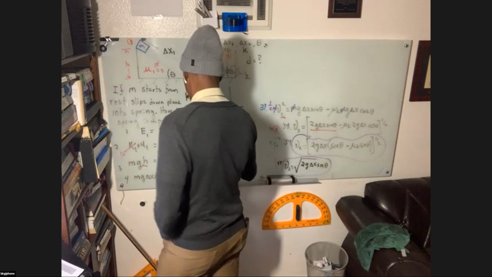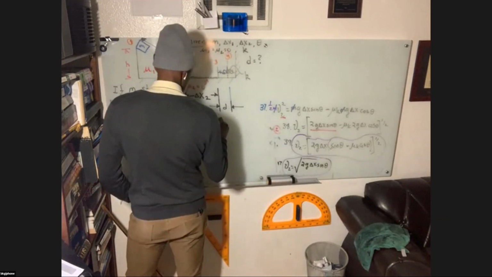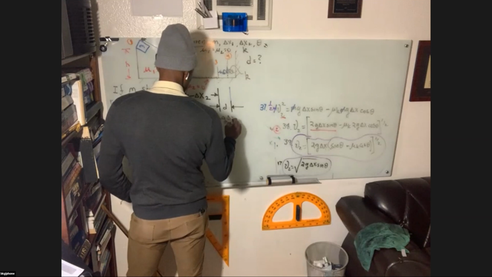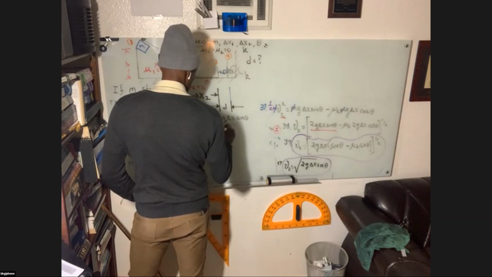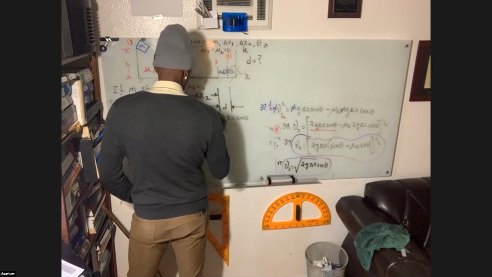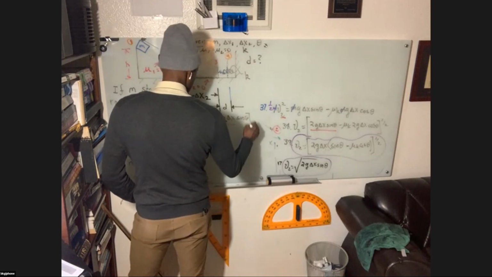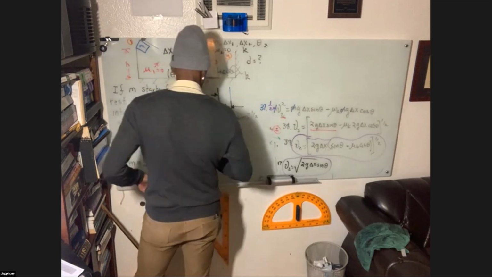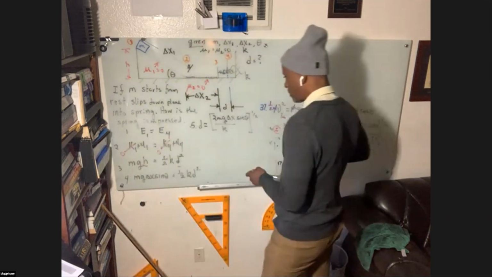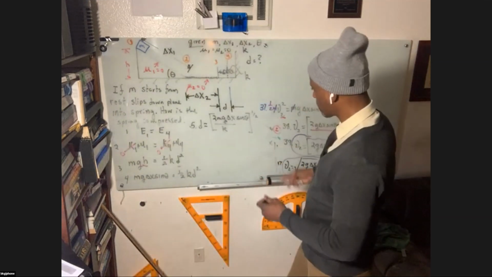So d is equal to the square root of 2mg delta x sine theta over k. That is how much the spring depresses.